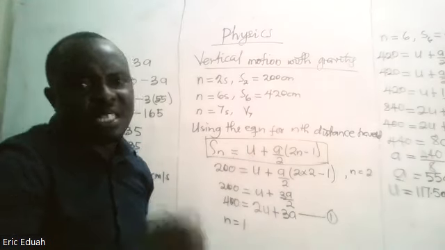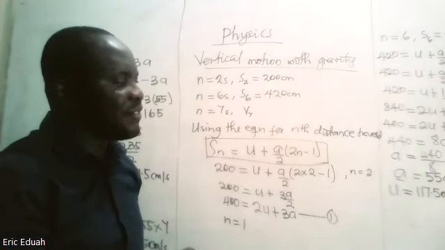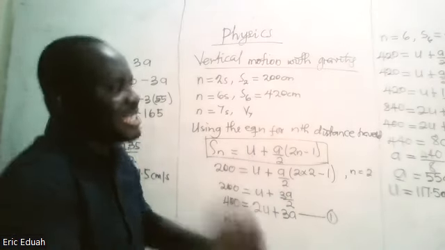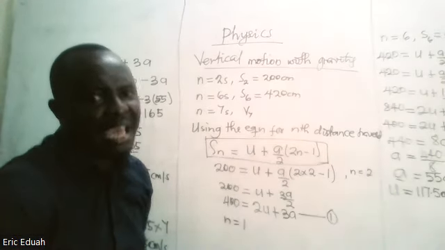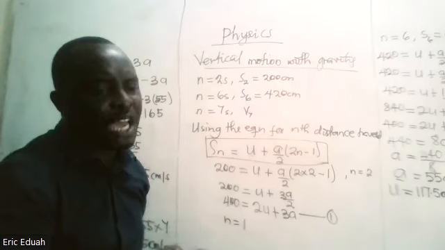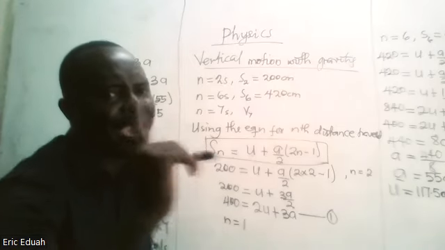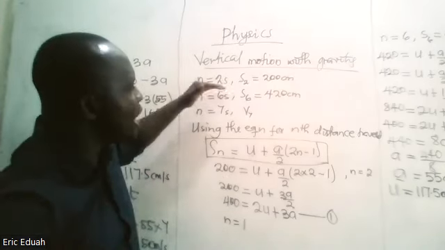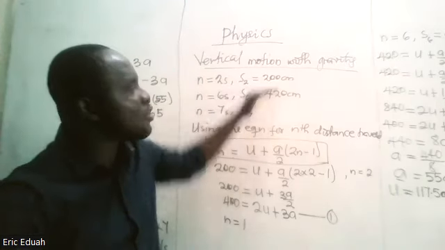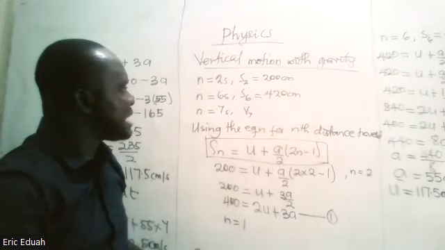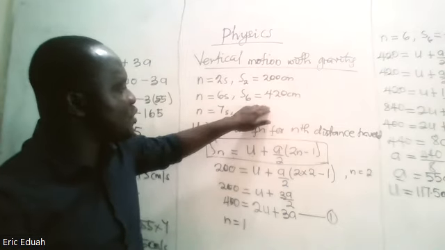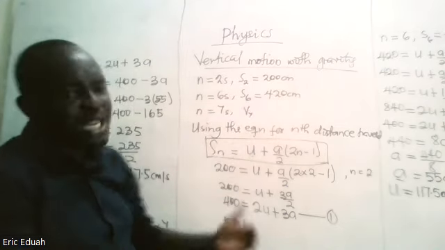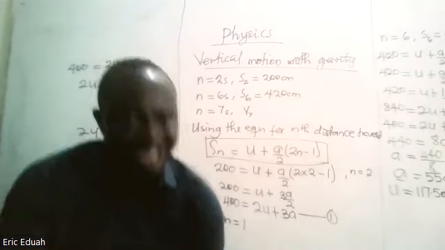So when the body starts from 117.5 and accelerates by 55 centimeters per second in each 1 second, the body covers a distance of 200 centimeters within the first 2 seconds, and 420 centimeters within the first 6 seconds.